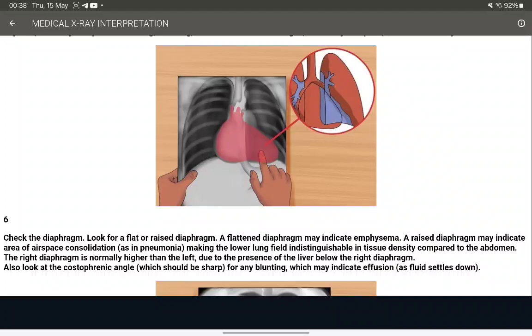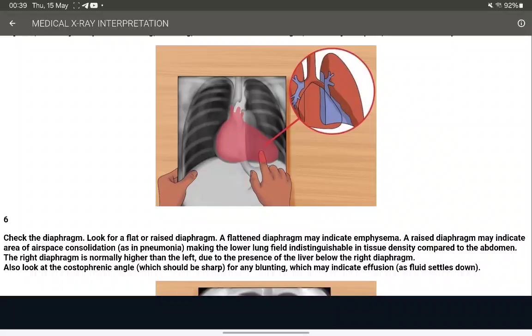A flattened diaphragm may indicate emphysema, the presence of more cystic areas of air within the chest. A raised diaphragm may indicate an area of airspace consolidation, as in pneumonia, making the lower lung field indistinguishable in soft tissue density compared to the abdomen.